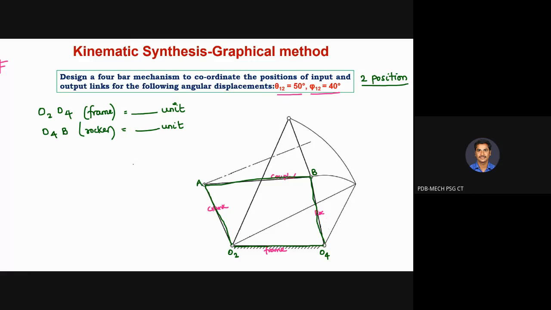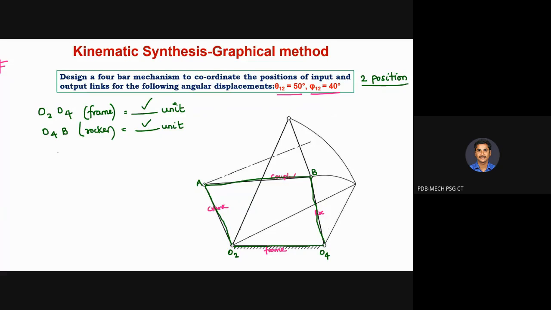So to start with, we need to assume a few things. The first assumption is the frame dimension. Let it be 50 units or 50 centimeters, any dimension you can assume, followed by the rocker dimension O4B.